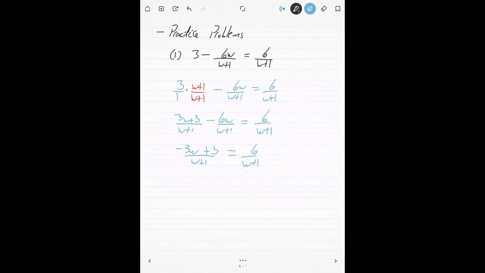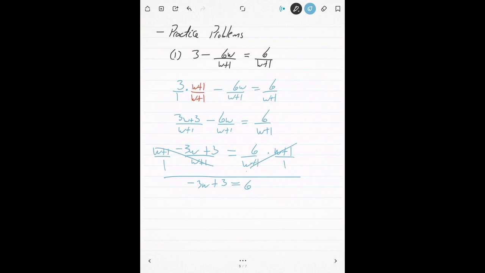Now, we can go ahead and cross multiply, but it essentially doesn't matter too much to us, because when I multiply both sides by w plus 1, that cancels out, and that cancels out. So really, all that I have to work with is the numerators. Negative 3w plus 3 equals 6.